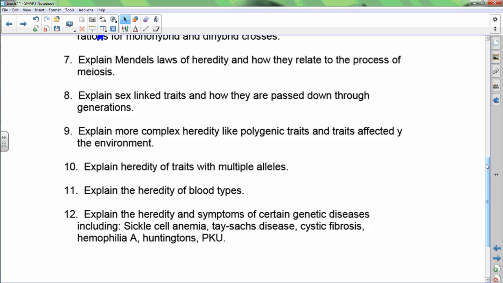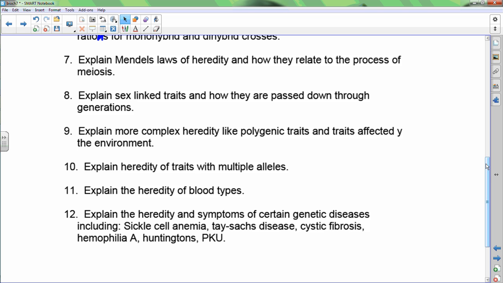And remember, what's the probability that a guy that's colorblind and a female that has 2 normal genes will have a son that is colorblind? 0, because that X chromosome won't get passed on to any sons.